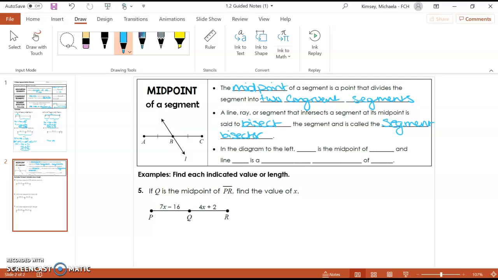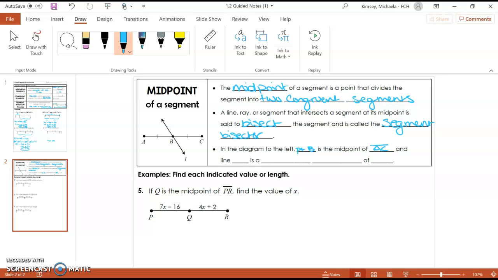Okay, so in the diagram to the left, I've already kind of given you this, but point B is the midpoint. So I'm just going to abbreviate this as point B is the midpoint of AC, that segment, right?